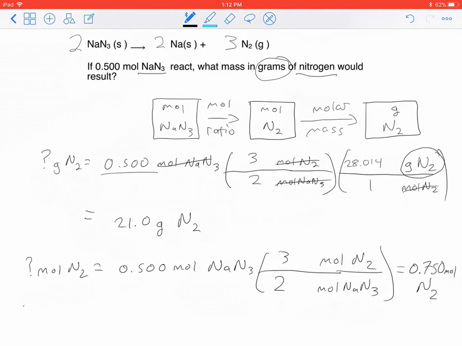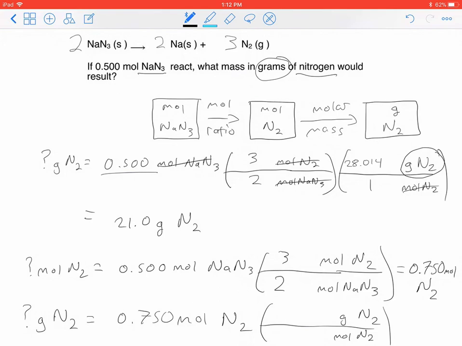Then question mark grams N2 equals 0.750 moles N2. Let's do this in the correct order: put my moles N2 on the bottom and my grams N2 on the top. So that cancels, and I do 28.014 grams over 1 mole. When I calculate it out, 21.0 grams N2.